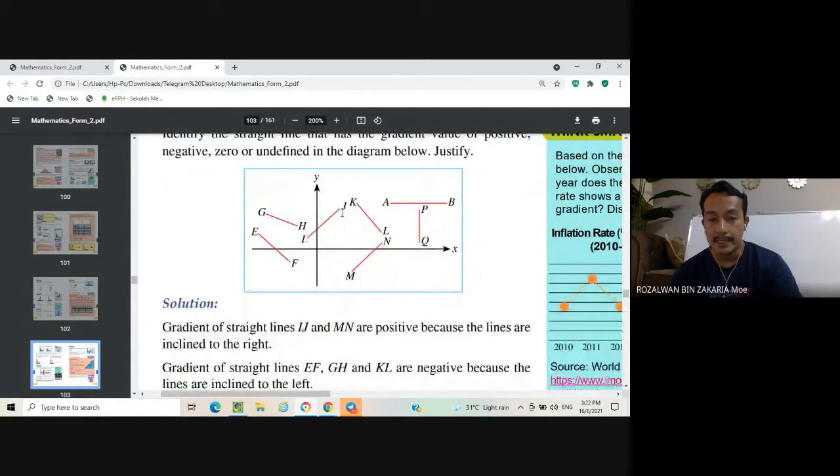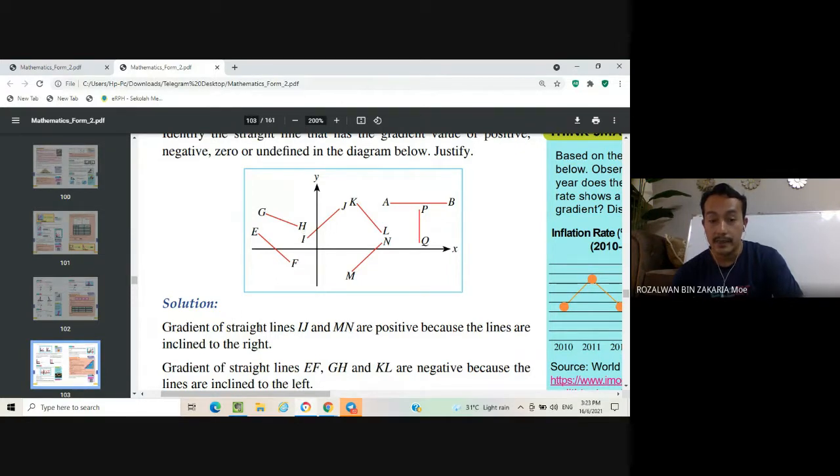Starting from i to j, like we climb the stairs or climb the hill or mountain, we call this one the value of the gradient is positive.